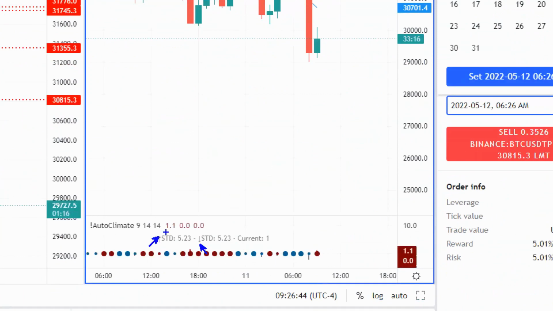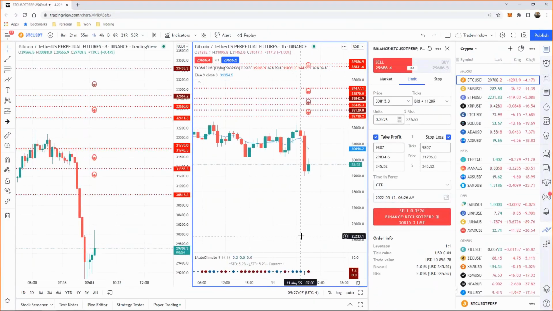That just means standard deviation up, standard deviation down. So Bitcoin typically goes down for 5.23 hourly increments and up for 5.23 hourly increments, which is a little strange that it's completely the same. I've actually never seen that before.